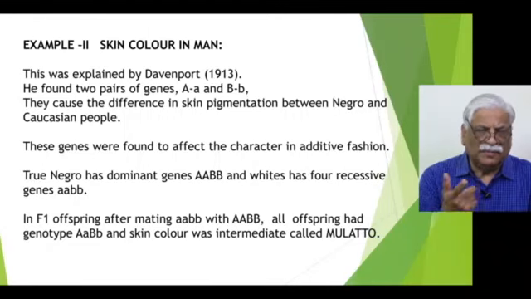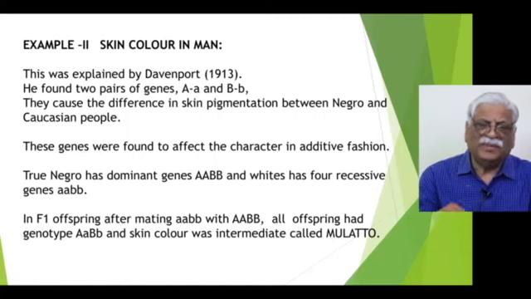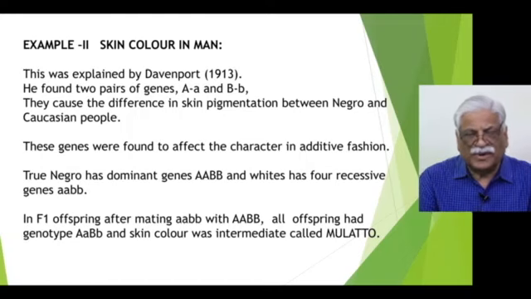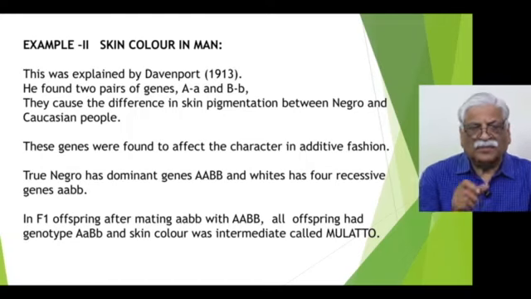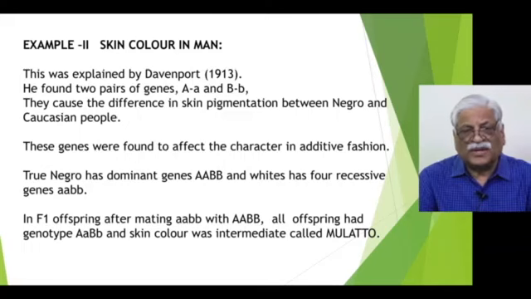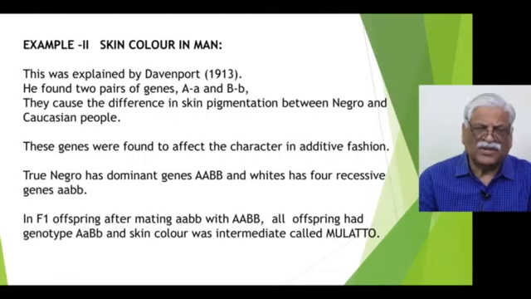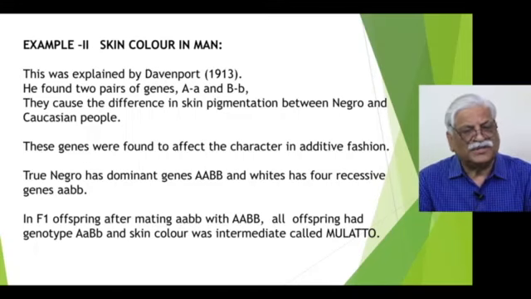Similarly, B is a dominant character and small b is a recessive character. These two genes are basically for skin color or skin pigmentation. These two genes show the Negro condition, meaning very dark skin, and Caucasian people like us, who are not basically white, but basically a light brown condition.